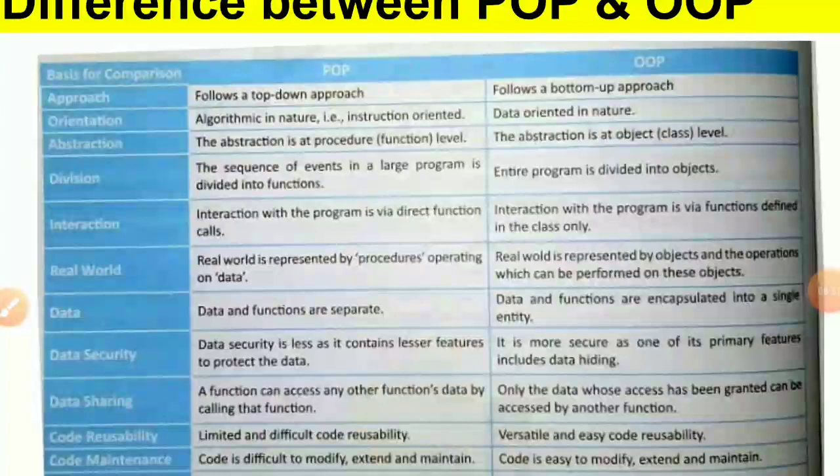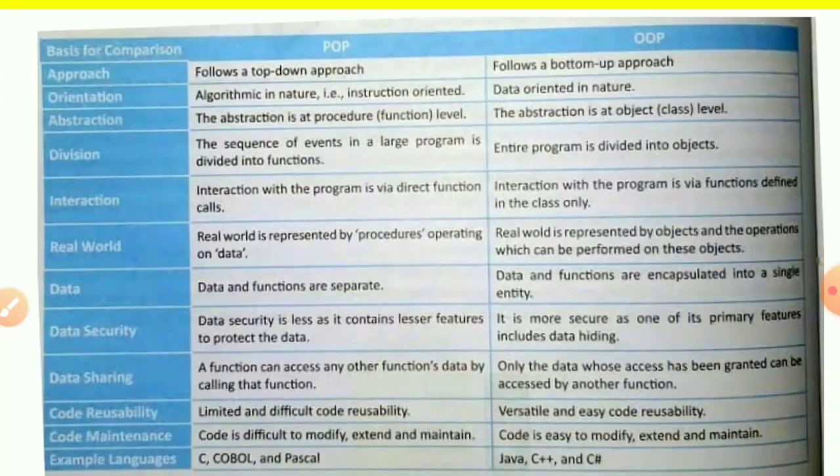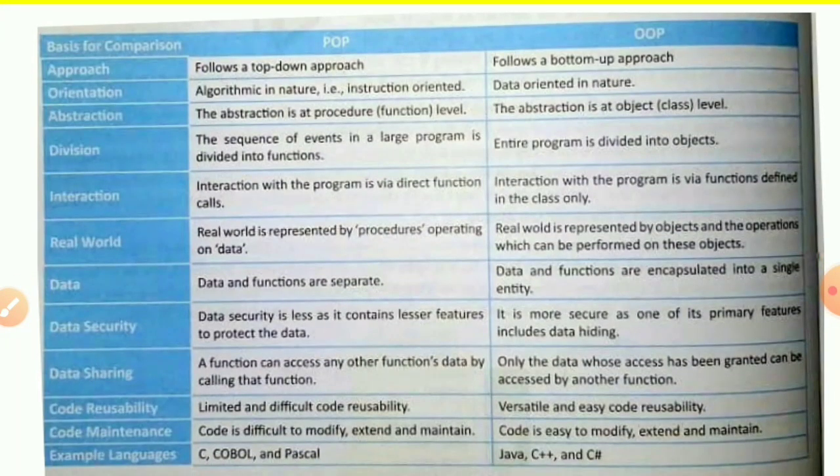Whereas in OOP it is relatively easier to modify, extend and maintain, because in OOP every single unit is independent of another unit. And what is that unit? It's an object. Each object by itself is independent. So that is why it becomes easier to modify and maintain the code.